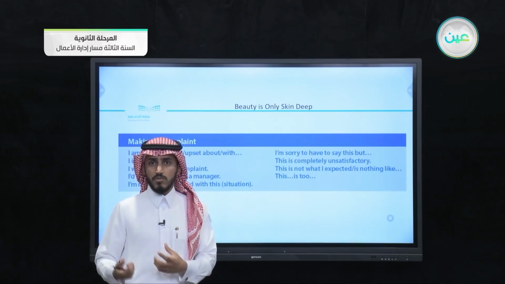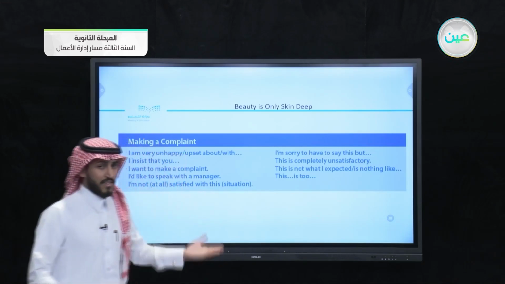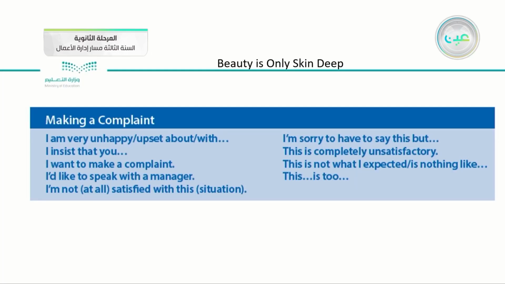Today we will learn a new way of making a complaint by using one of these expressions we have on the board. The first one is I'm very unhappy, or I am very upset about, or I am very unhappy with. Okay? Or I insist that you, or I want to make a complaint.